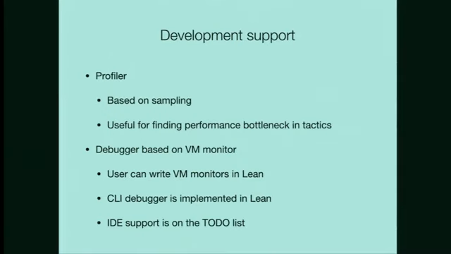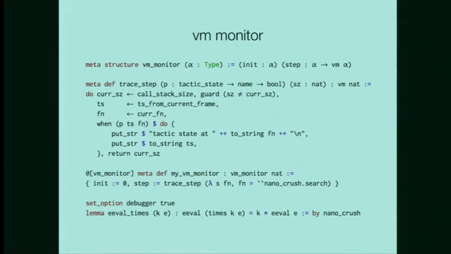We actually reflected the virtual machine execution in Lean and allow you to write in Lean a monitor for the execution of the virtual machine. Actually, the command line debugger for Lean is implemented in Lean itself. And as future work, we want to have IDE support for the debugger.